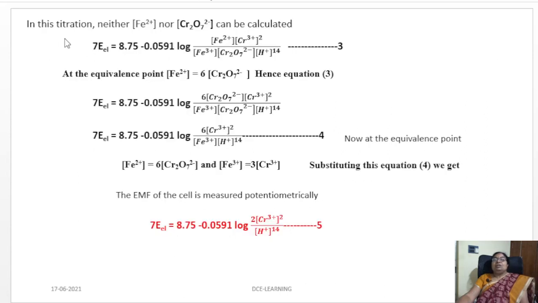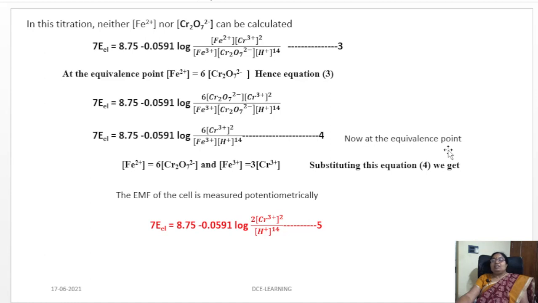Combining the equations, we get equation 3 here. At the equivalence point, the oxidized or reduced amount is equal to 6 moles of dichromate, as in equation 3. Rearranging that, it becomes equation 4.